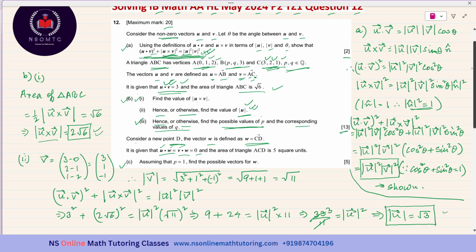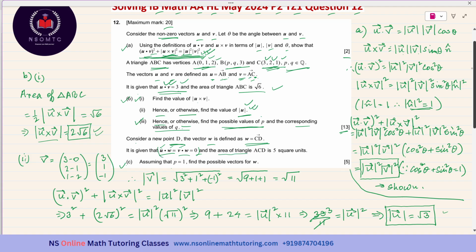Since the W vector is perpendicular to both the U and V vectors, it should be parallel to the U cross V vector, because the U cross V vector is perpendicular to both the U vector and the V vector. That much we have understood from this information.